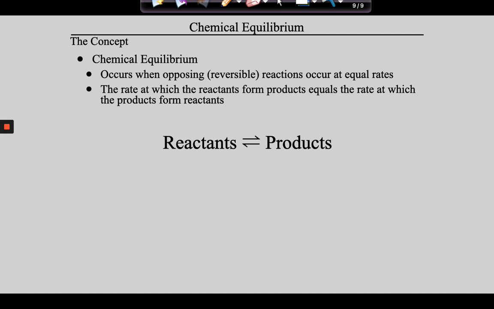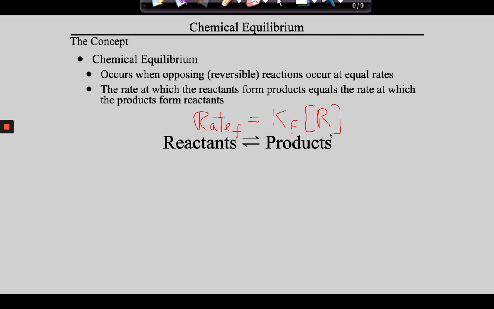So guys, here's what we've got, and here's the way we represent this. So we've got the rate forward, so sub F for forward. And the rate forward is equal to K forward times the concentration of the reactants. If you didn't get that for the forward rate law, change it.